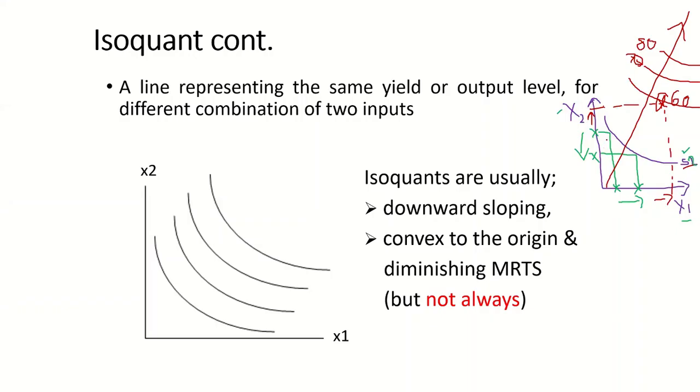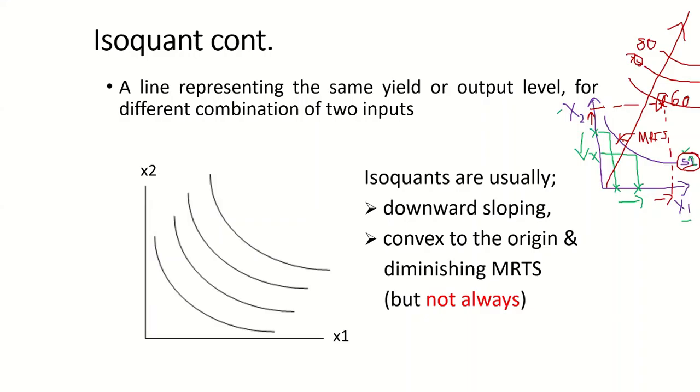One more thing. When you increase one input, you reduce the other input to stay at the 52 yield level. And that is shown by the slope of this curve, which we call the marginal rate of technical substitution. That's the rate at which one input is substituted by the other. So you can see these are substitutes.